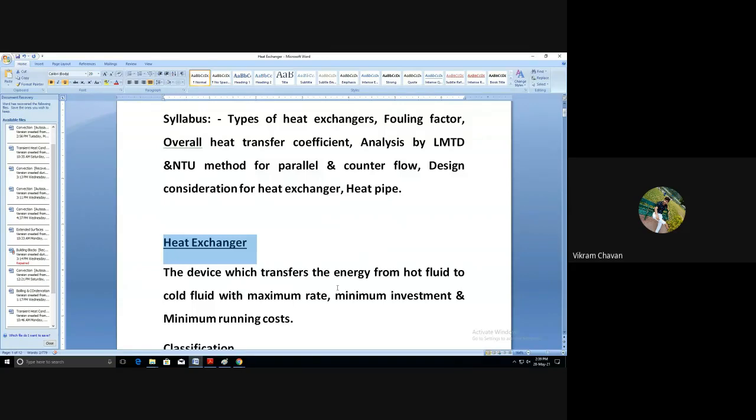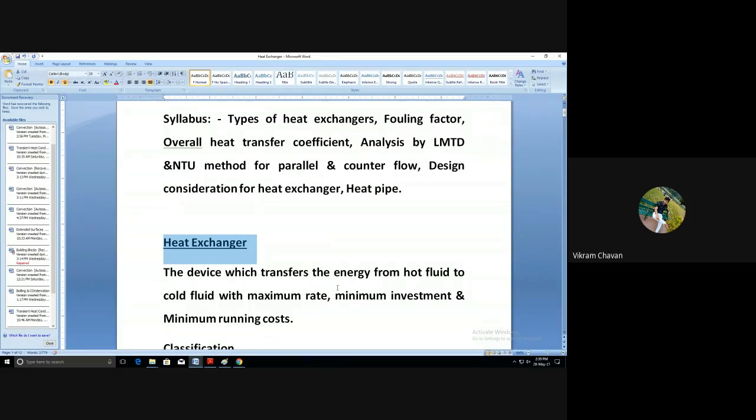Take the simple example that our body always tries to maintain a temperature equal to 36.6 degrees Celsius. For that reason, the body is also continuously exchanging heat with the surroundings.